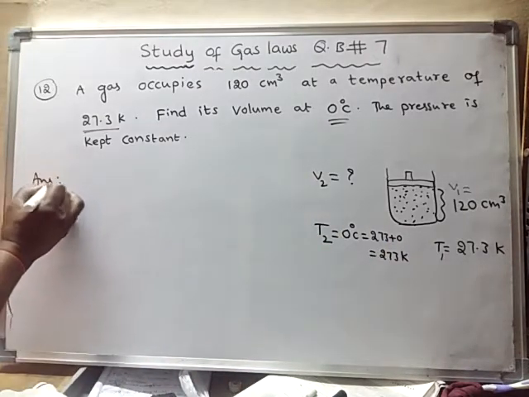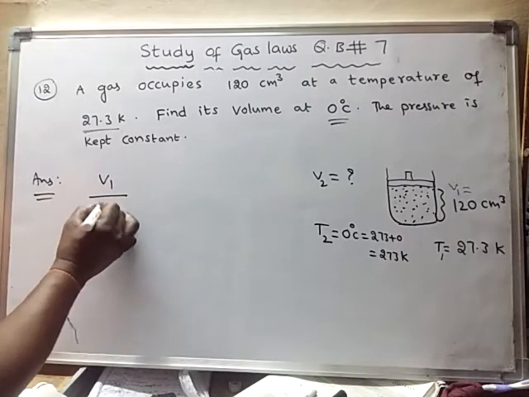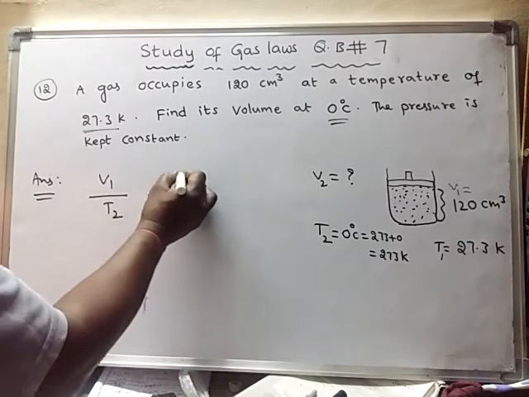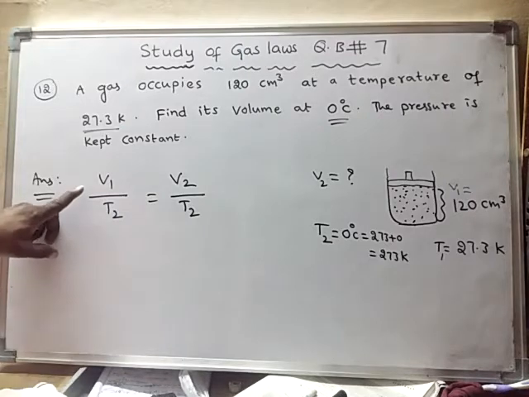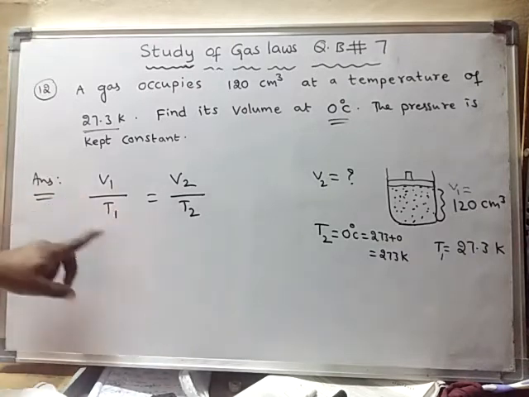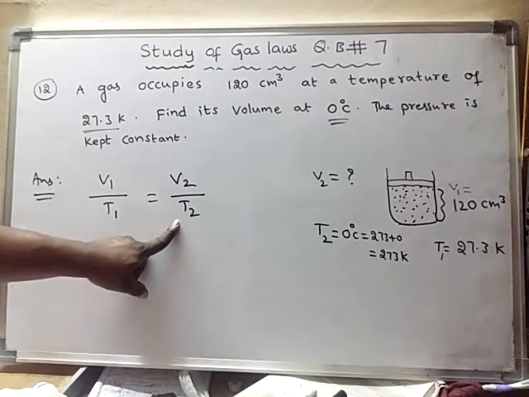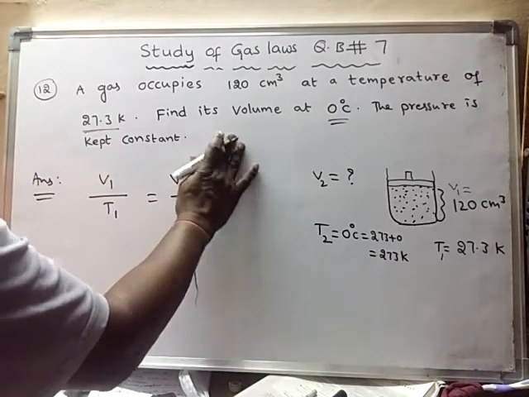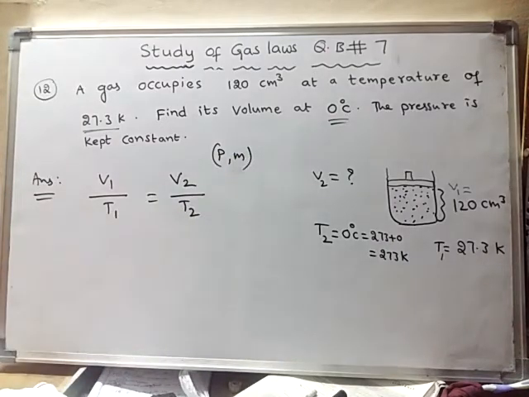According to Charles law, the volume and temperature ratio of the initial conditions will be equal to the volume and temperature ratio of the same gas under final conditions, when pressure and mass of the gas are kept constant.